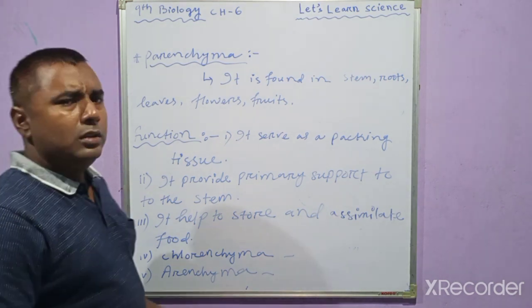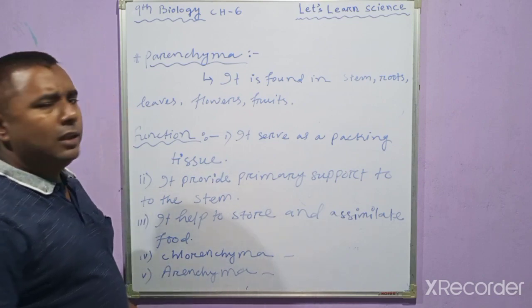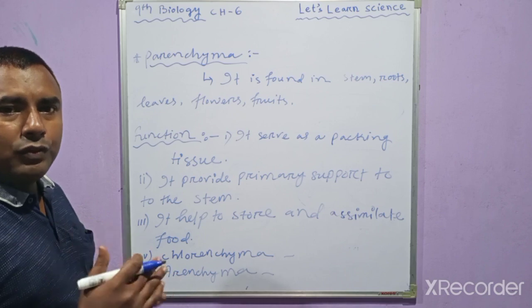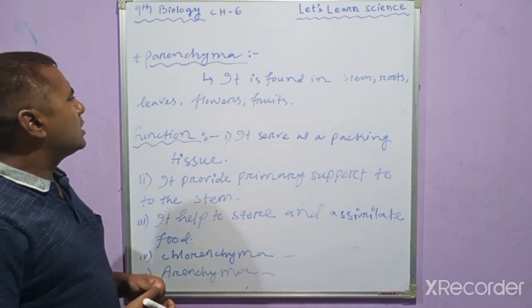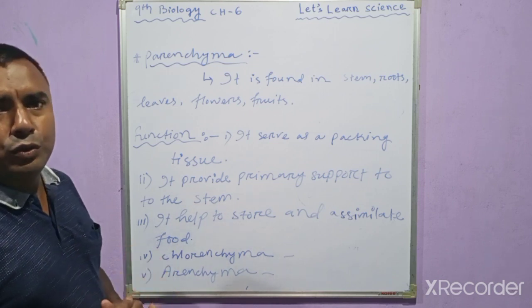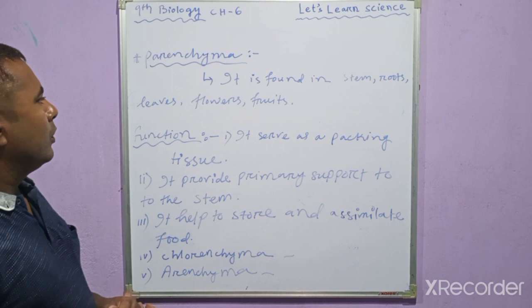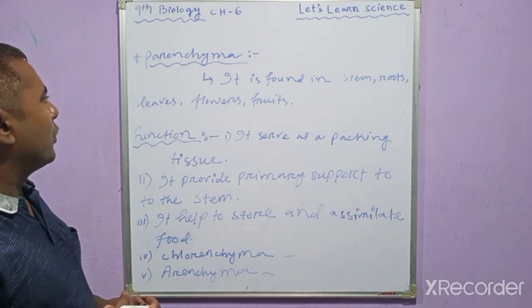Now let us see the function of parenchyma. So it is what type of tissue? Simple permanent tissue. First of all, let us see in which part of the plant parenchyma is formed. What is the location of parenchyma in the plant body?